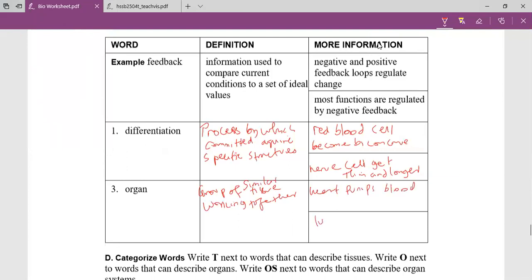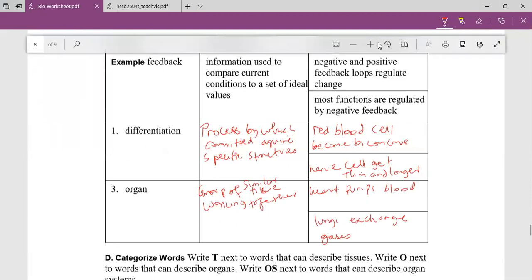The lungs exchange gases. Liver, what does it do? It's an organ. It produces bile, enzymes or juices for breaking down food, breaking down proteins.